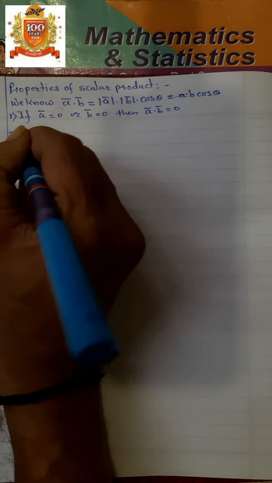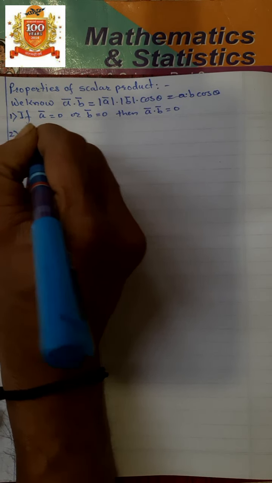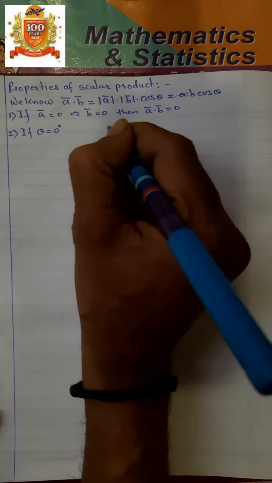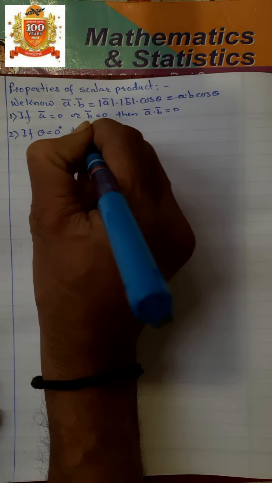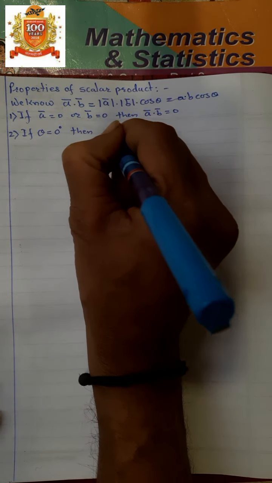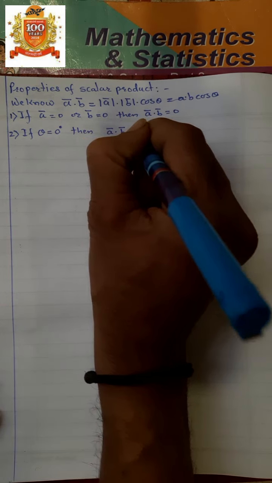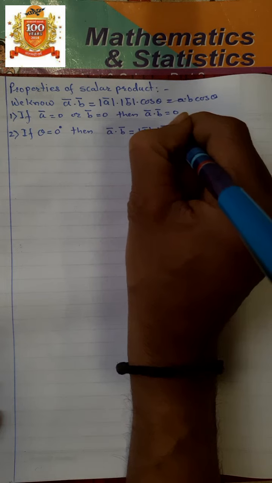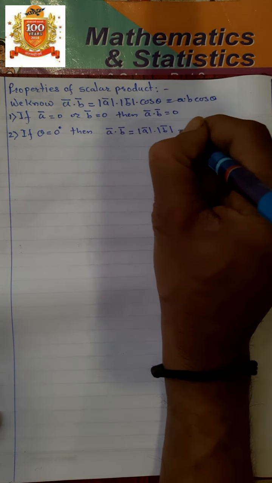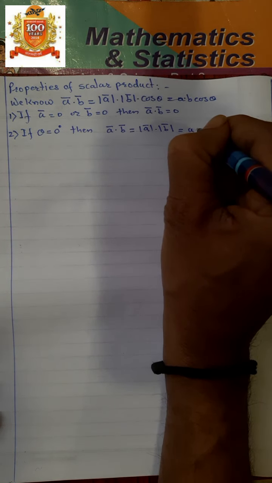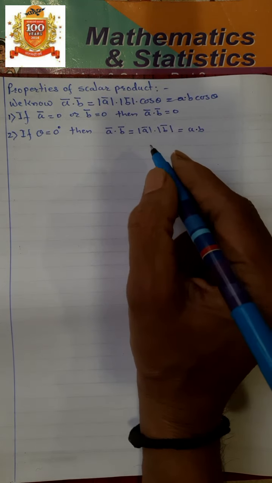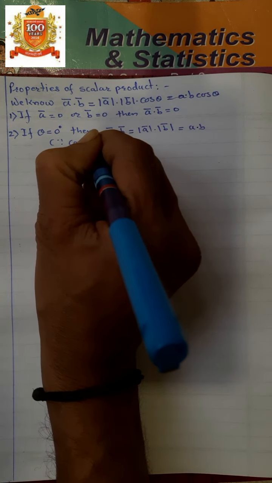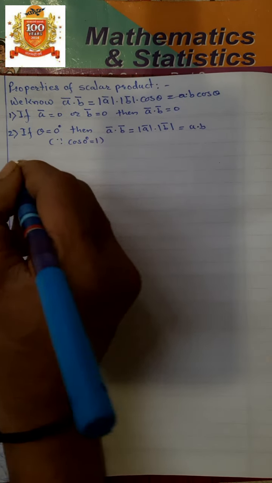Now second property is if the angle theta between two vectors is 0 degree, then a bar dot b bar is equal to mod of a bar into mod of b bar. That can be written as a into b, since cos 0 degree is equal to 1, we know.